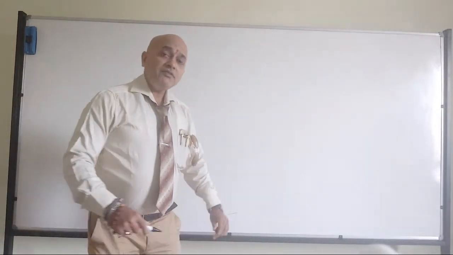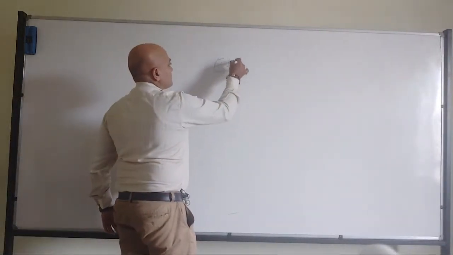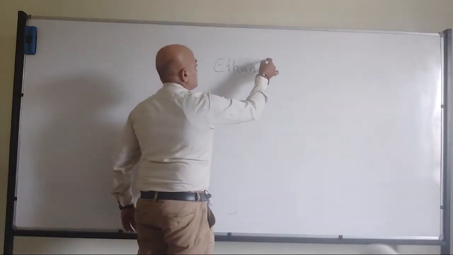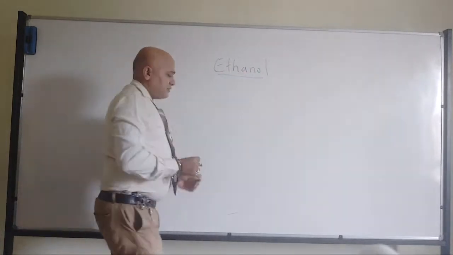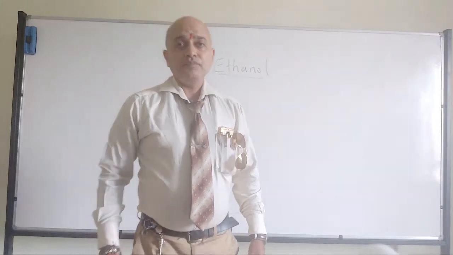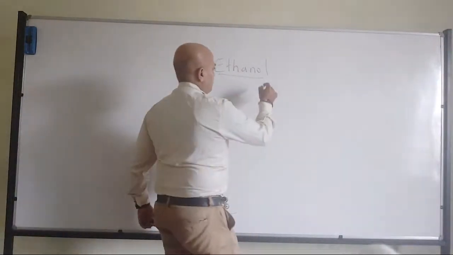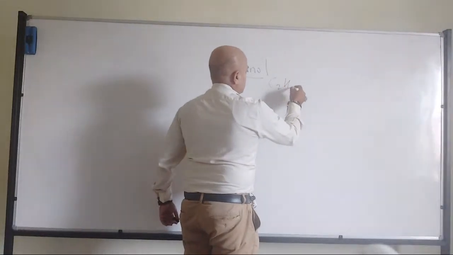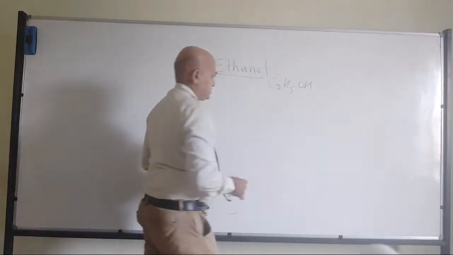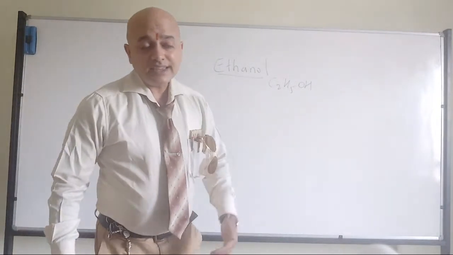Fine. Now we are coming to the important molecule, that is ethanol. This is today's concept. We have not discussed this one in the last class. So it is ethanol. Now when I am talking about ethanol, what is the molecular formula? C2H5OH. Right? So methanol, now this is ethanol.